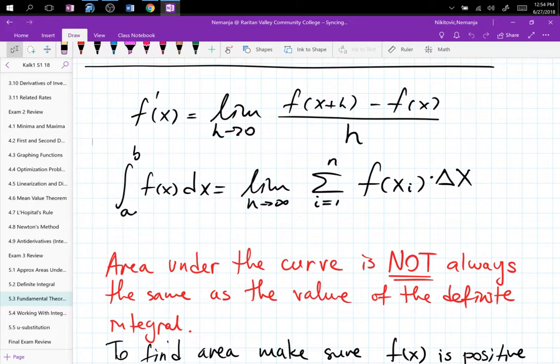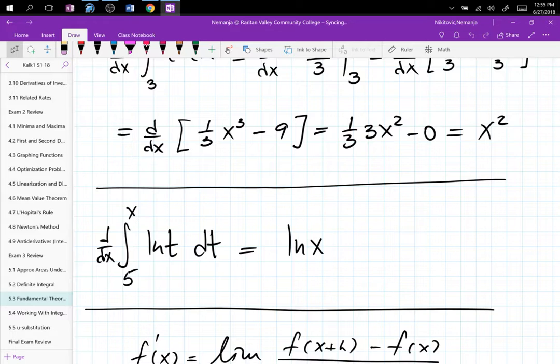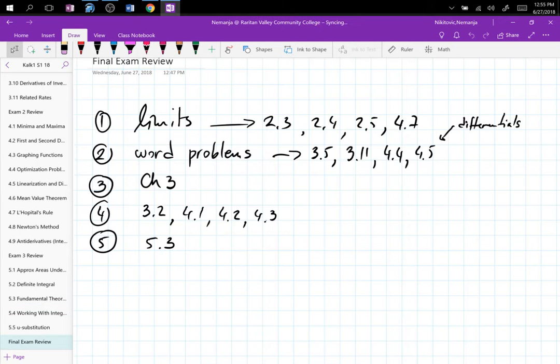It could be the question, is area under the curve the same as the value of the definite integral? And also it could be as simple as compute the integral. You see the derivative in front, you know it's the fundamental theorem of calculus. So that has to be there in some flavor.